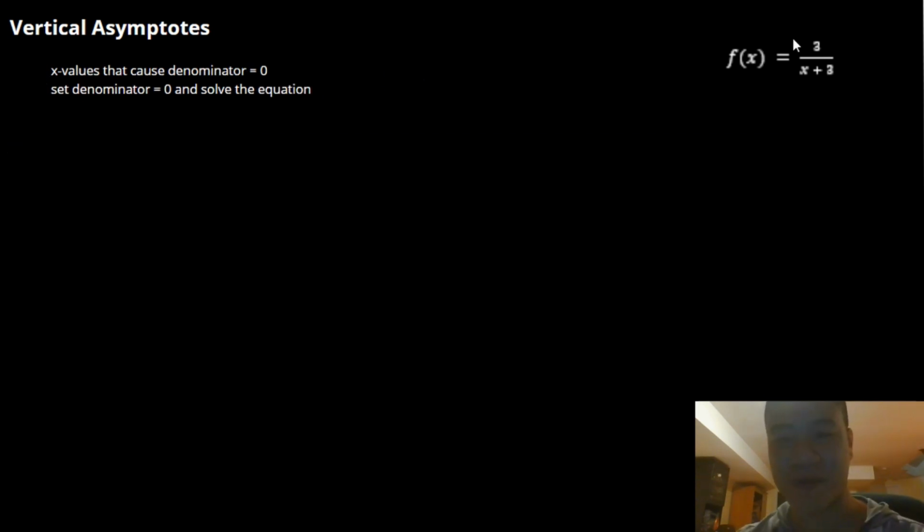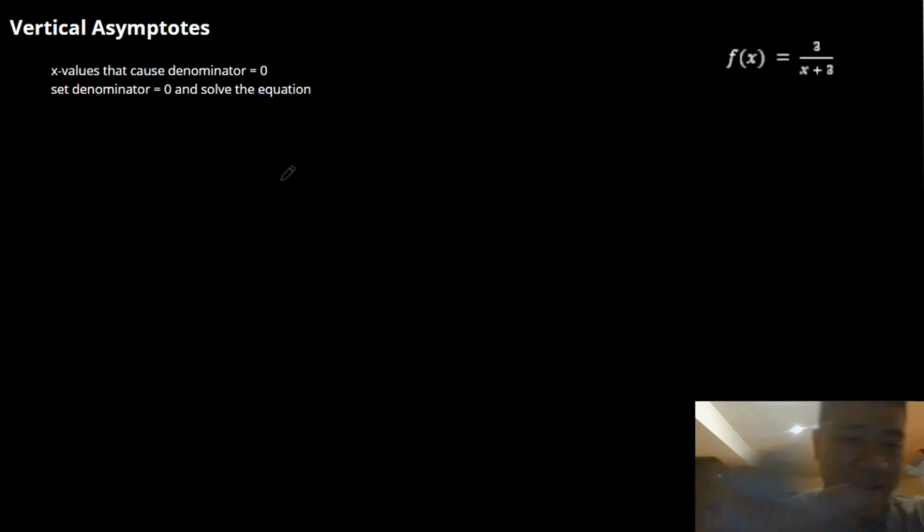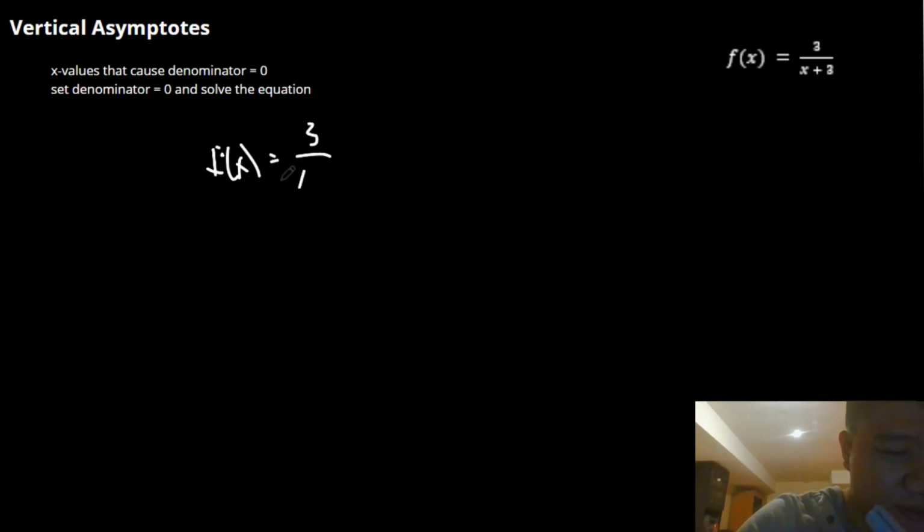Alright, so we have an example over here. We have a rational function. So let's do exactly what we said here. We're going to find the vertical asymptote for this. So we have f of x equals 3 over x plus 3.